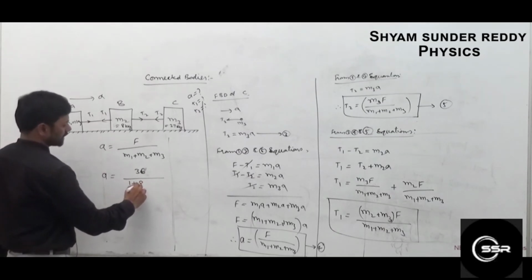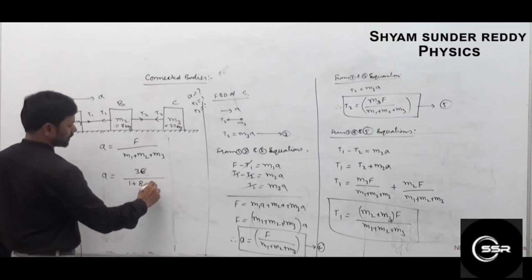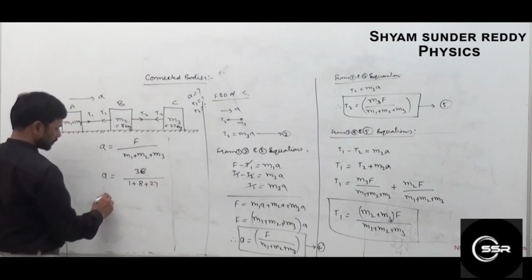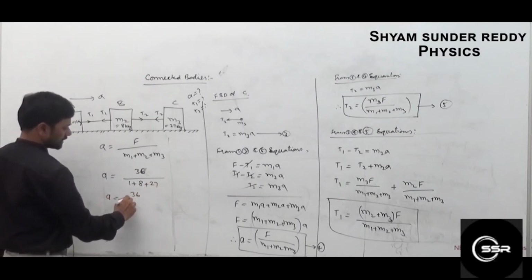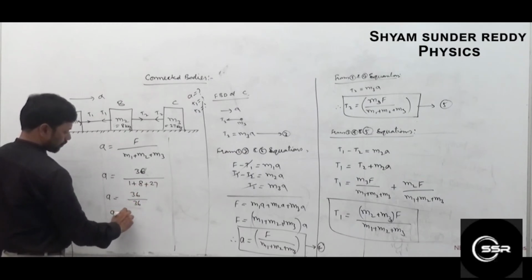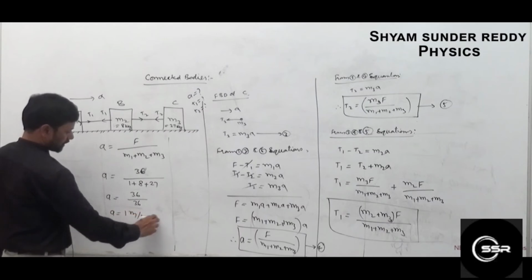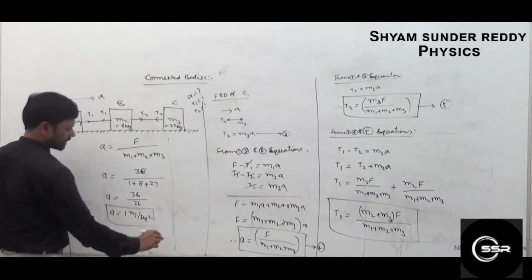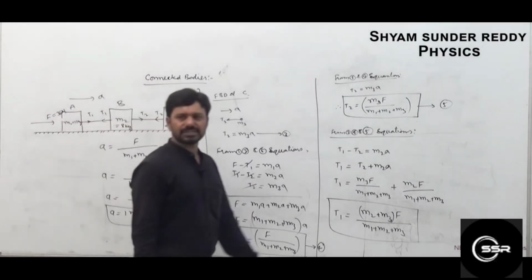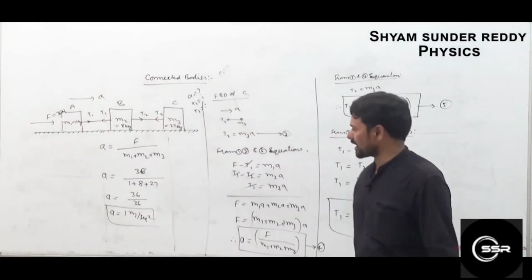M2 is 8 kgs. And M3 is 27 kgs. Right? So A is equal to 36 by 9 plus 27, 36. A is equal to 1 meter per second square. Acceleration of the system is 1 meter per second square.